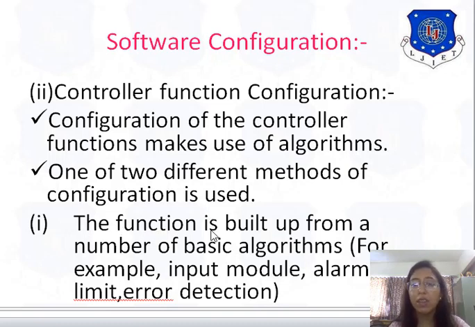First, the function is built up from a number of basic algorithms, for example, input module, alarm limit, and error detection. In controller function configuration, first we are using basic algorithms, right? And which type of algorithms have we used? Input module, alarm limit, and error detection.